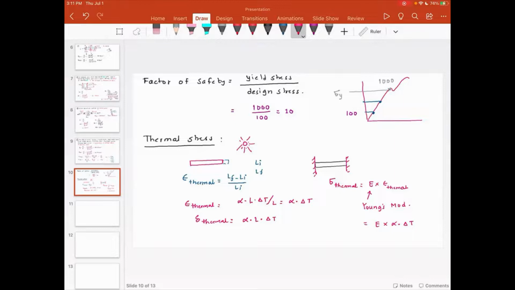The component expands and there is a support that is going to prevent its expansion. Thus, the prevention of expansion would cause the support to exert some force, and that force divided by area is nothing but the stress that is induced in the component.